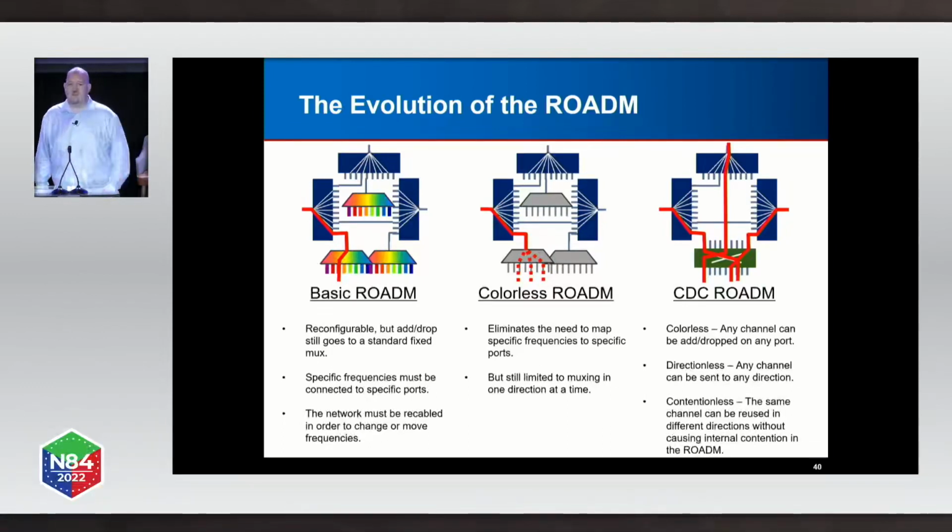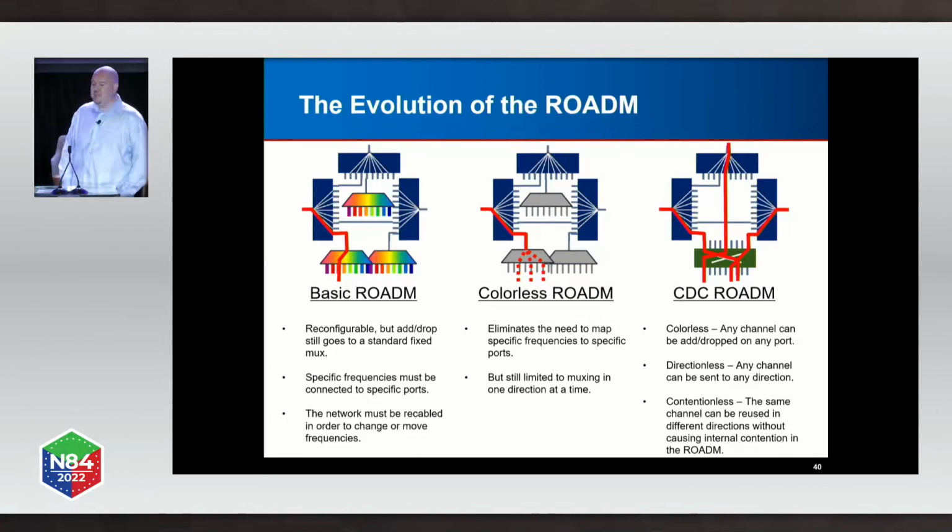So that was the early generation of this colorless ROADM. You had that level of flexibility. You didn't have to go out and recable the optic every time you wanted to do stuff. And then the modern version of this is what's called a CDC ROADM. So it stands for colorless, directionless, and contentionless. So colorless means obviously any channel can be dropped on any port.